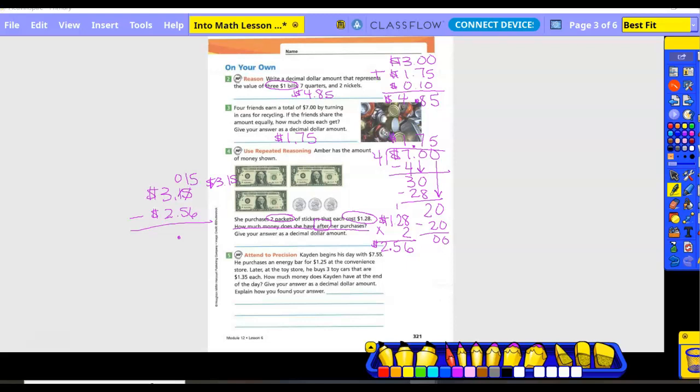This becomes a 0. 15 minus 6 is what? 9. Can I take 5 from 0? Nope. So this becomes a 10, and this becomes a 2. So 10 minus 5 is what? 5. And then 2 minus 2 is 0. So how much money does she have left over? 59 cents.